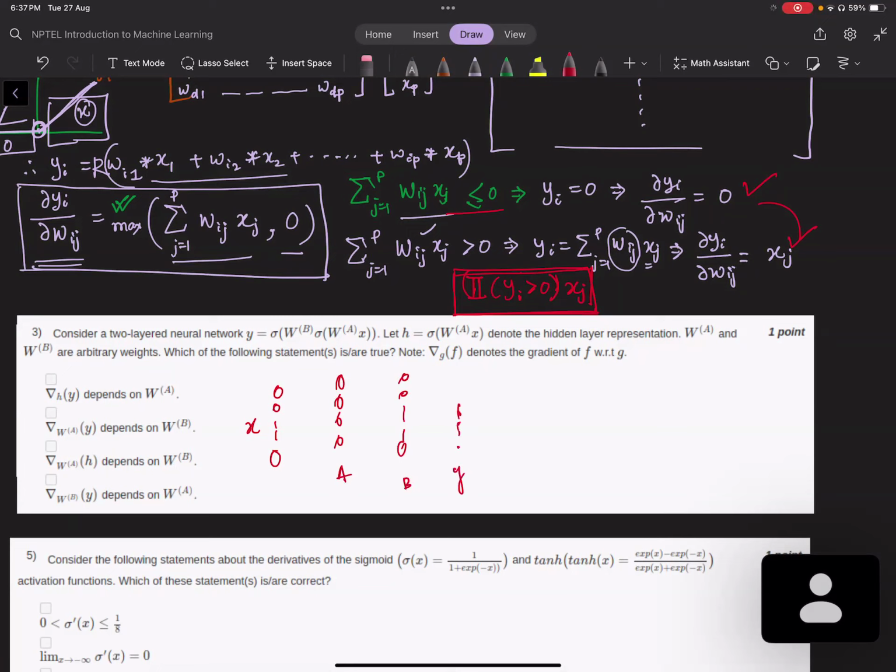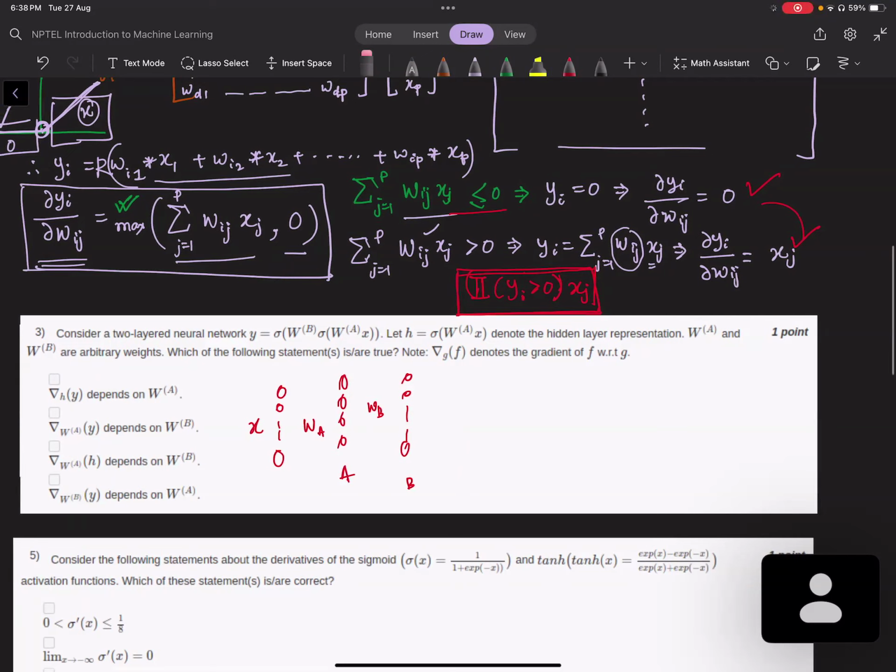And this is your W_A, W_B. Sorry, this is not output. So layer B is the output, I guess. Yeah, so weight A gives hidden layer A, weight B gives hidden layer B, and B is the output.